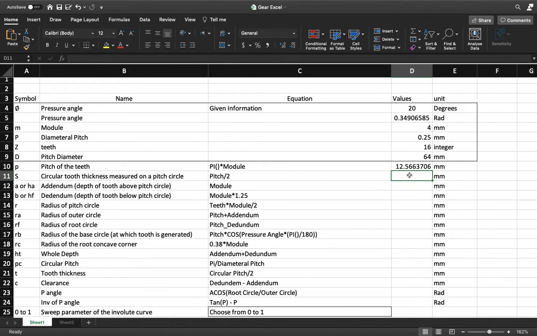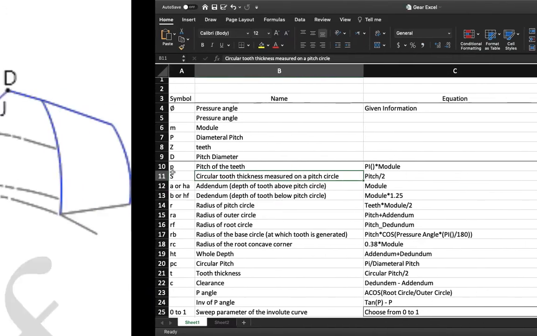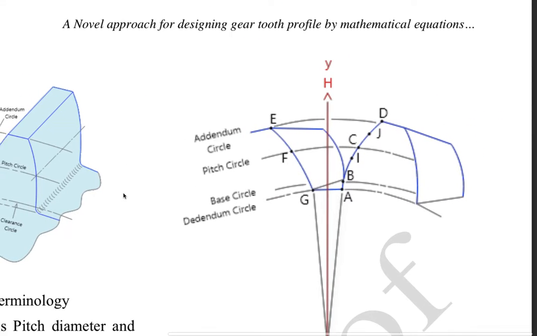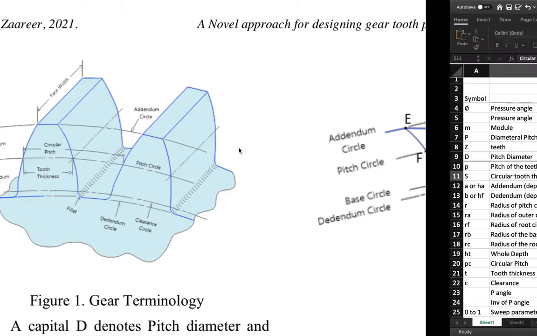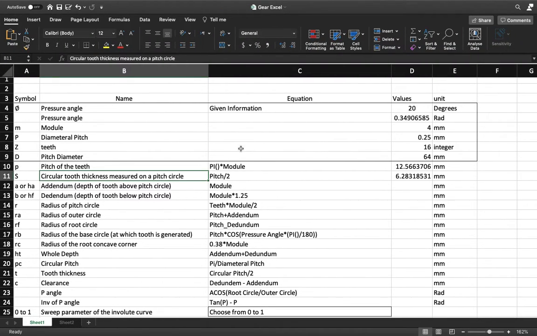Circular tooth thickness measured on the pitch radius, here's the equation. Pitch of the teeth is, I think, the distance between the beginning of a tooth and the beginning of the next tooth, similar to the circular tooth thickness.